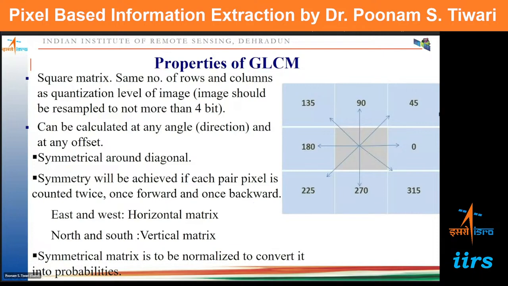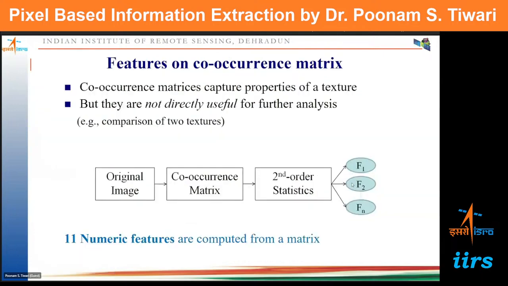Neighbor in which direction? All the 360-degree directions are possible. So in any direction, you can find the pixel pair, the neighbors. You can create this GLCM matrix, and based on the GLCM matrix, the different texture features are calculated.